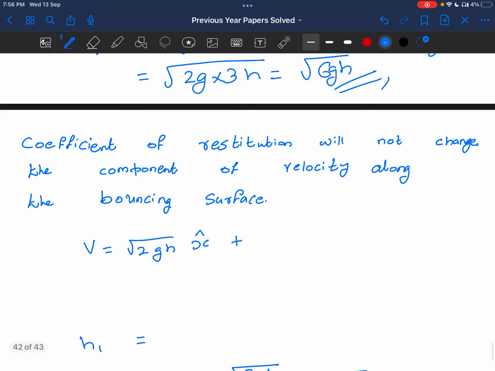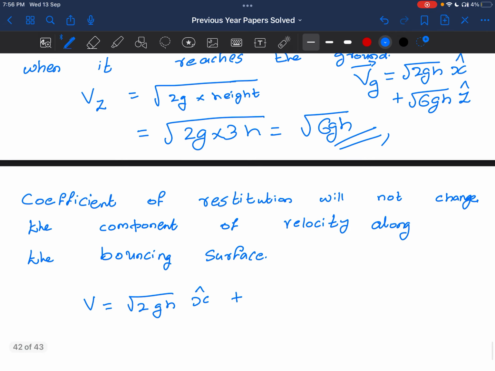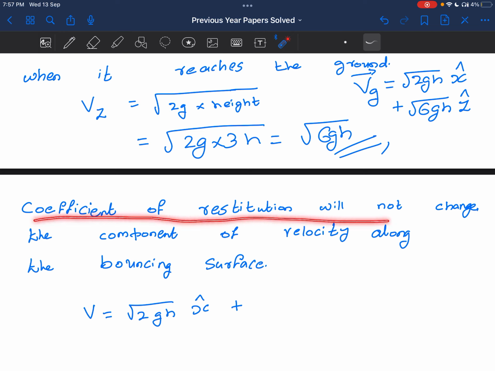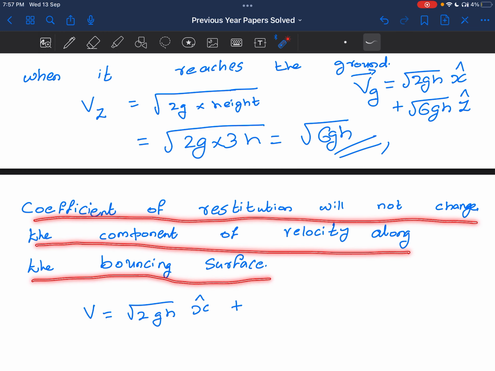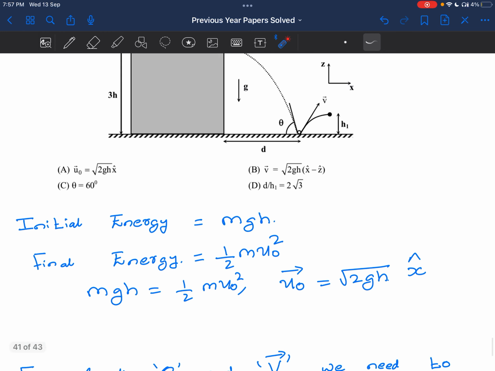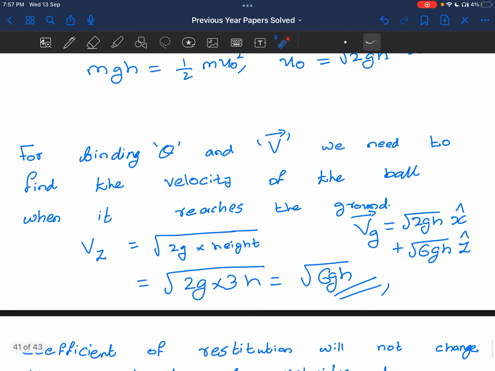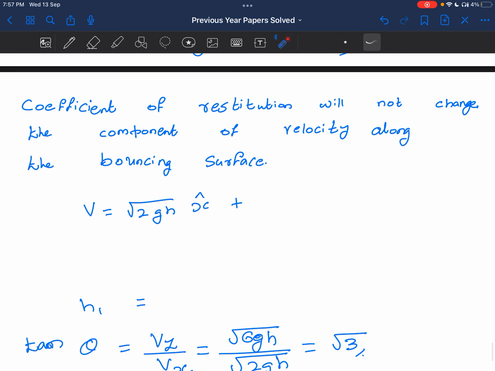Now for finding V, we need to include the effect of coefficient of restitution, and this is an important point that you must study. The coefficient of restitution will not change the component of velocity along the bouncing surface. Here the bouncing surface or the ground is along x-axis. So the component along x will remain constant and the component along z will be affected.